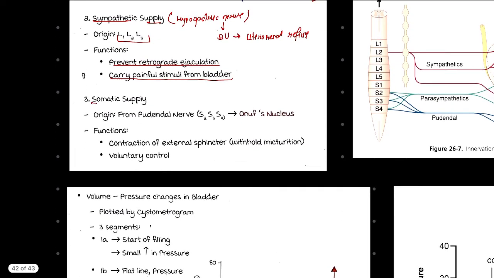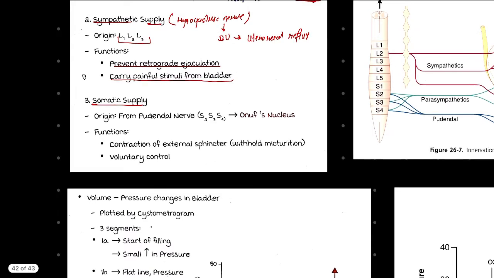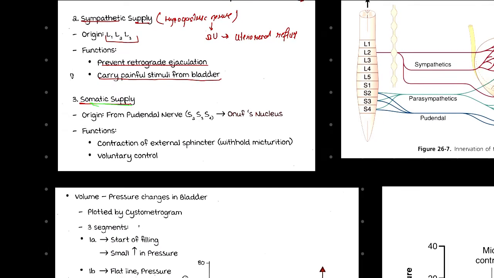Now talking about the somatic supply, we'll be talking about the pudendal nerve, and its origin is S2 to S4.